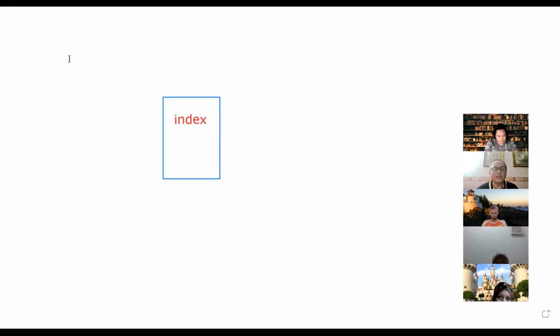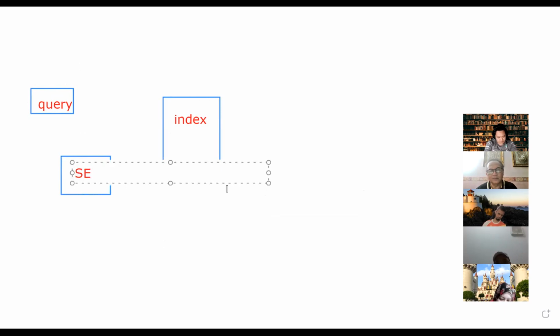So when you key in, say, you have a query here. From the query, it will search. They will have a search engine. This is the search engine. There is a query engine, search engine. And then the search engine will search the web.